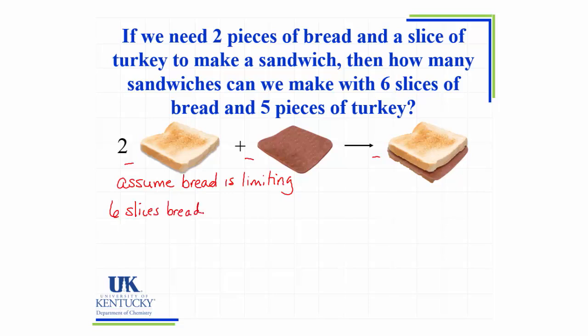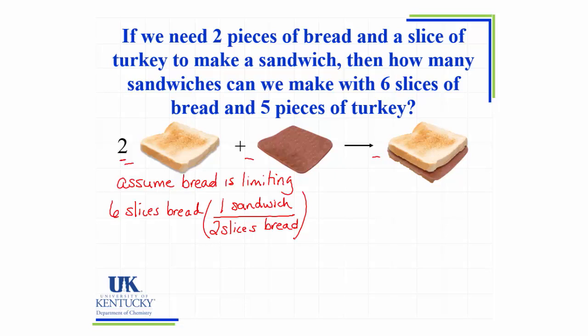And I also know the relationship between the number of pieces of bread and the number of sandwiches I can make. And I get that from the coefficients of my balanced equation. So I know that for every 2 slices of bread, I can have 1 sandwich. Now this is the same way we looked at in the previous unit, the mole to mole ratio between 2 substances in a chemical equation.